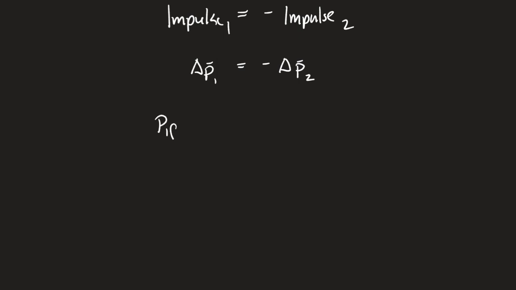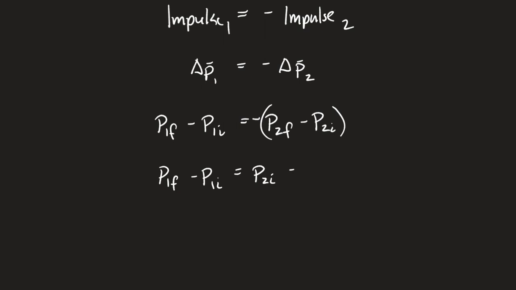So P1 final minus P1 initial has to equal P2 final minus P2 initial, but has to be opposite. All good so far? Distribute that negative sign. P1 final minus P1 initial equals P2 initial minus P2 final. Is that right? You just switch them? We all good?